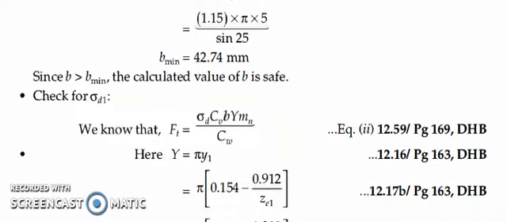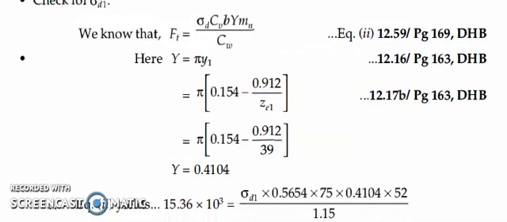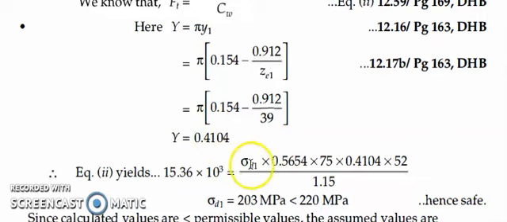Now we can go for the check for sigma D1. From equation 12.59, Ft is equal to sigma D into Cv into B into Y into Mn divided by Cw. Here the Y also we already calculated. Substituting these values, we can take the value of sigma D from this equation.